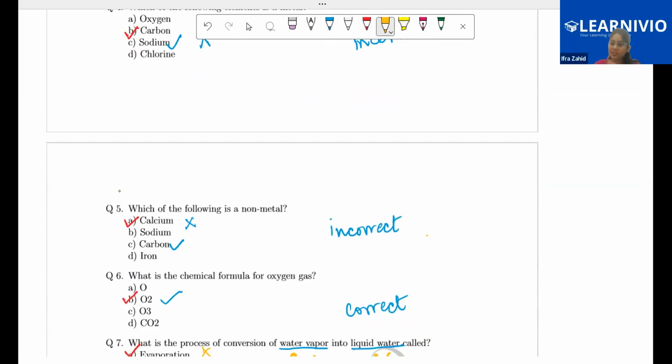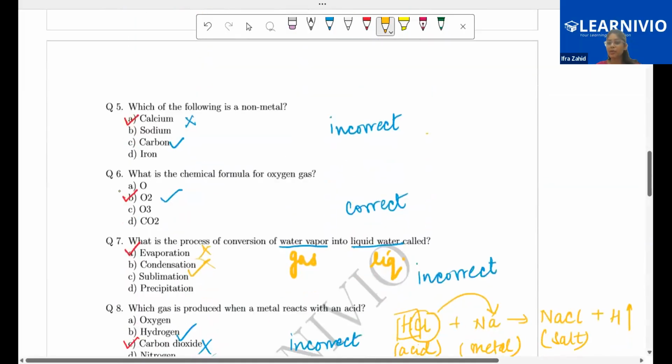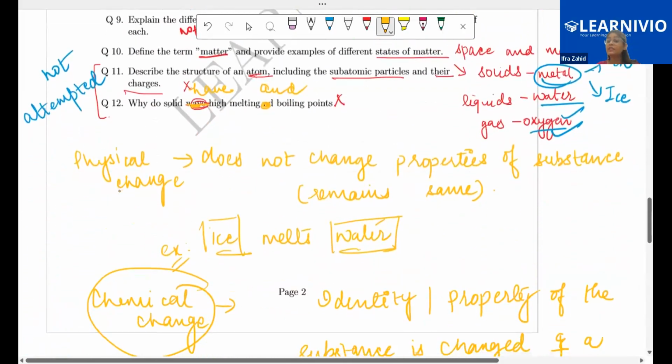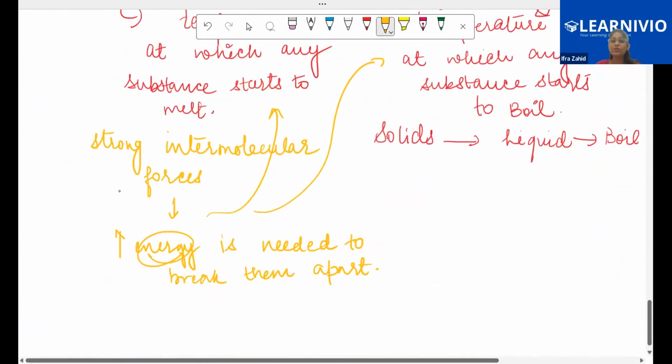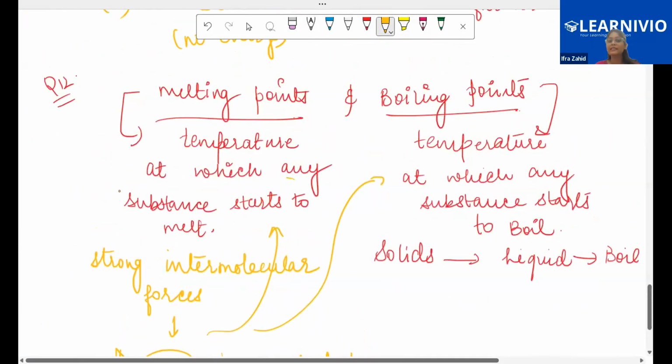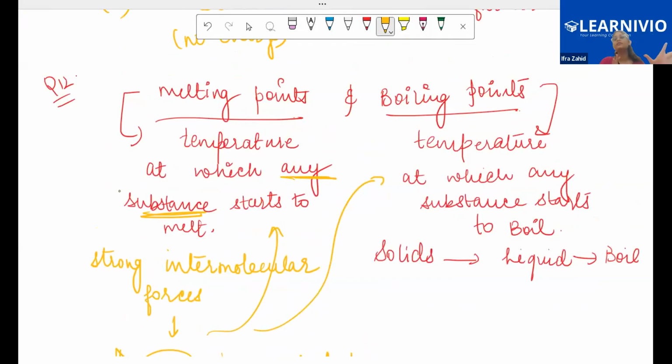I didn't say that every solid substance has a melting and a boiling point. I told you not to specify. I wrote any substance. Any substance which can melt or which can boil has a certain melting and a certain boiling point. Not all.